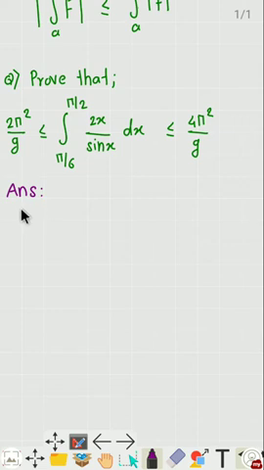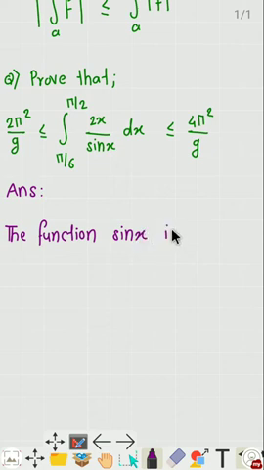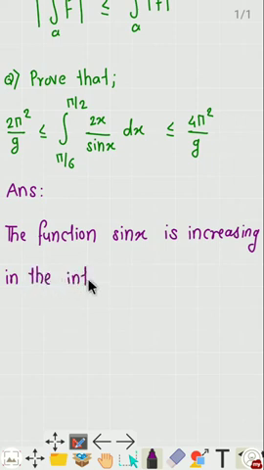The function sin x is increasing in the closed interval pi by 6 to pi by 2, with minimum value sin pi by 6 equal to 1 half and maximum value sin pi by 2 equal to 1.